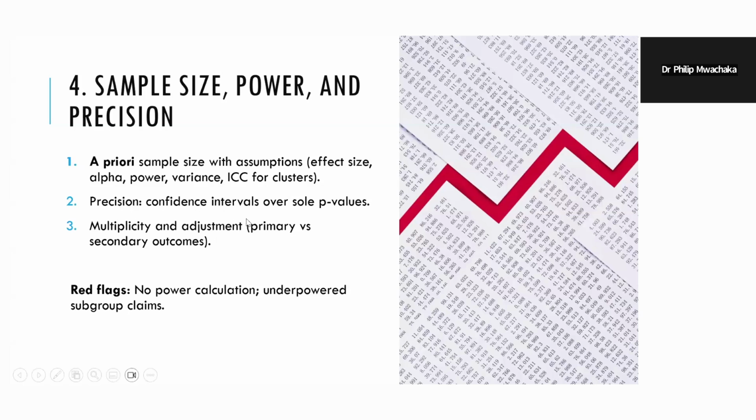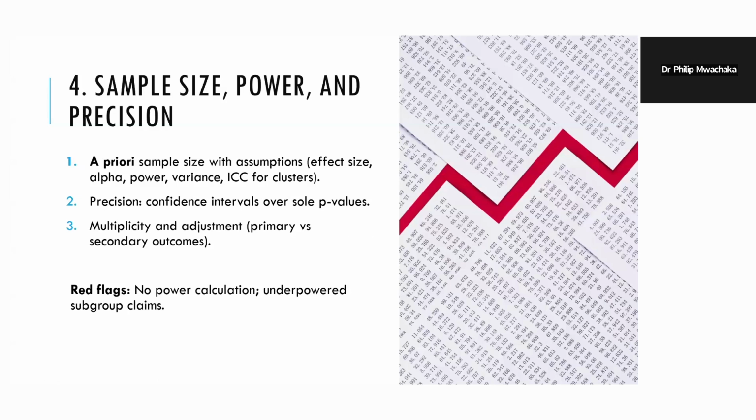Precision is extremely important when you are reporting the results. Most authors will tend to report p-values only, but it is extremely important to show the confidence intervals because we can quickly assess from the confidence intervals whether that study was significant or not.